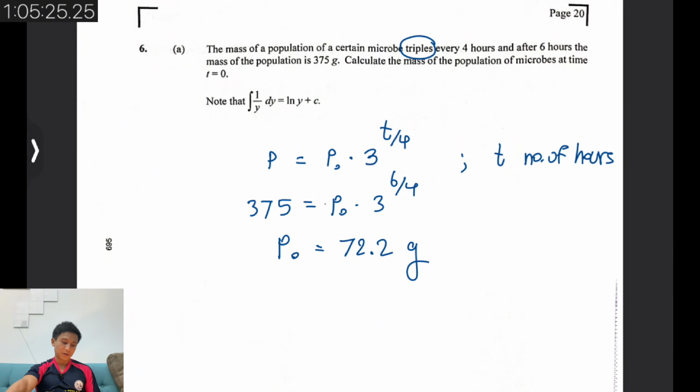The mass of population of a certain microbe triples every 4 hours. And after 6 hours, the mass of population is that. Because this is an exponential function, it's like dP by dt.